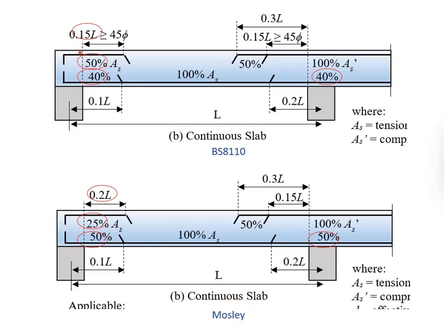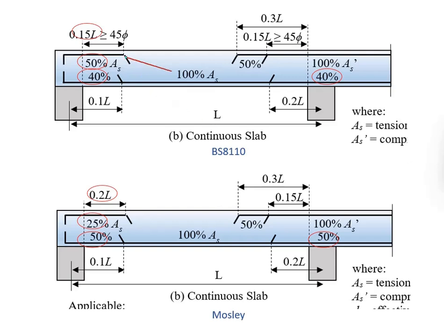Bear in mind that this 50% and 25% is referring to the mid-span reinforcement, not the amount of reinforcement at the interior support. Let's say now you have a specific amount of the reinforcement at the midspan.